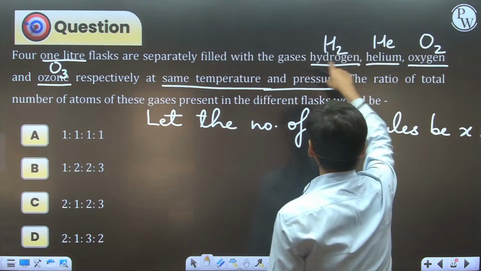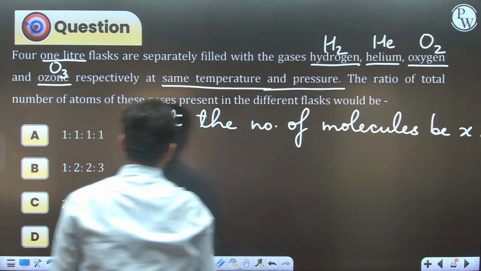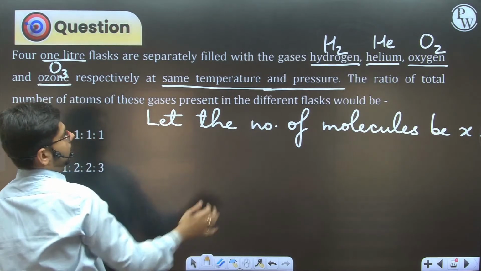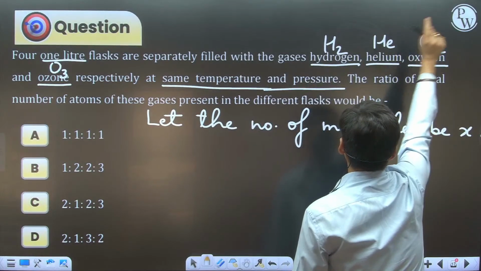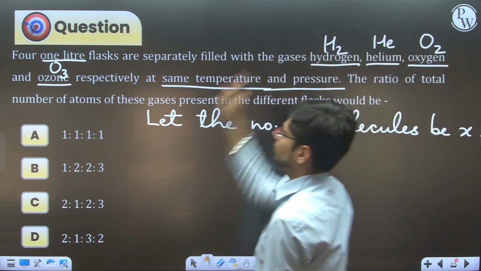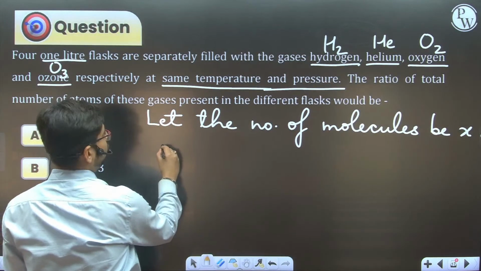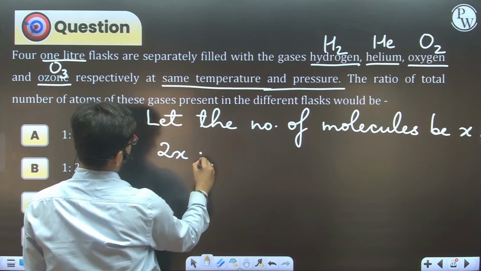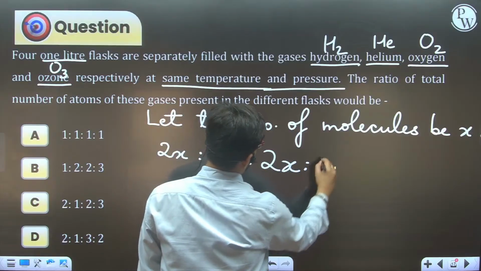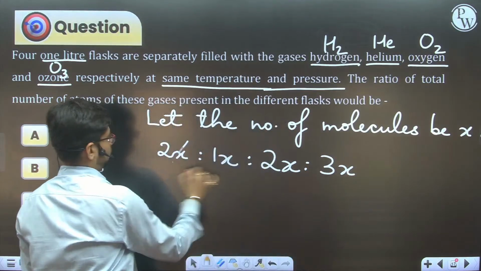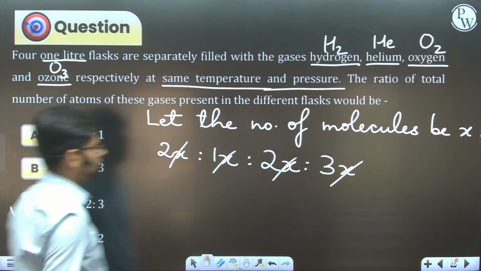It's a diatomic substance. Atomicity of helium is 1. Atomicity of oxygen is 2. Atomicity of ozone is 3. So number of atoms is 2x for hydrogen, 1x for helium, 2x for oxygen, and 3x for ozone. So ratio is 2x, 1x, 2x, 3x. X will get cancelled. So the answer is 2 is to 1 is to 2 is to 3. The option.